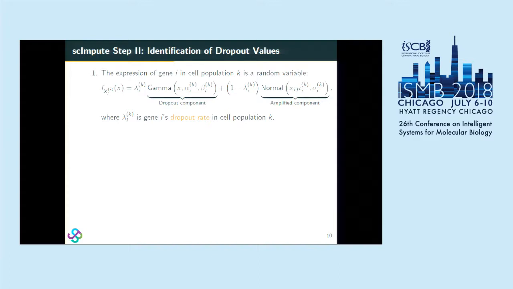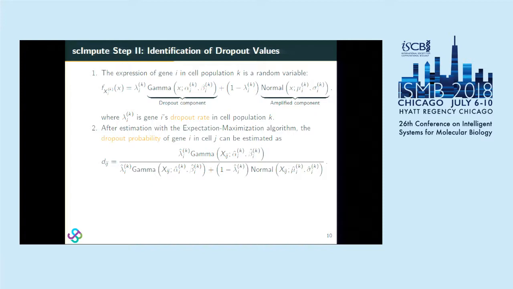We use this parameter lambda to denote the dropout rate of gene I in this cell subpopulation K. Then with probability lambda, the gene comes from the dropout component, and with probability 1 minus lambda, the gene comes from the correctly amplified component. The parameters in this mixture model can be estimated using the EM algorithm.